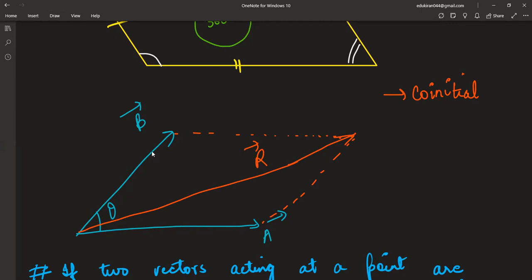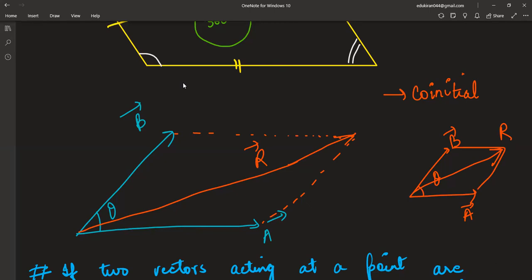Take two vectors representing the adjacent sides of a parallelogram, subtending angle theta between them. A vector is there, B vector is there, and they make angle theta between them. If we complete the parallelogram, their resultant is given like this.